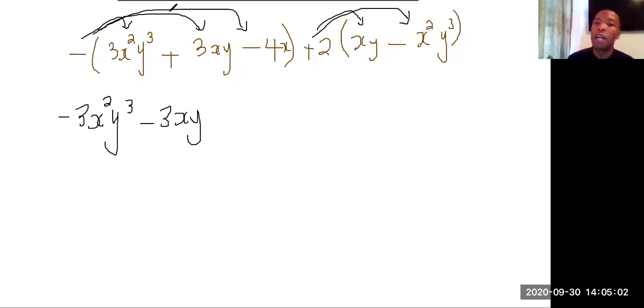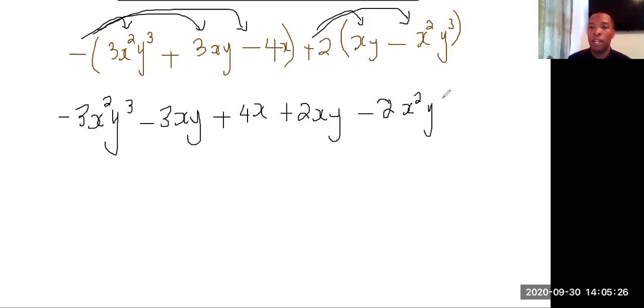Negative times a negative 4x is positive 4x, right? Then 2 times xy is a positive 2xy, and 2 times a negative x squared y cubed is negative 2x squared y cubed.